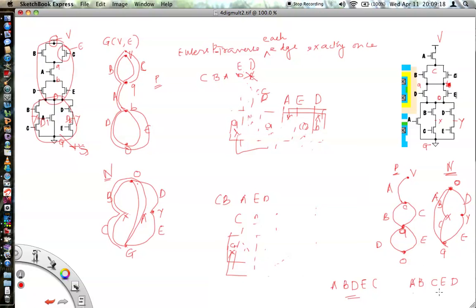So if we go through ABC, then let's take a diffusion jog for E and D. So we have A, B, C, and E and D will share diffusions, A, B, C will share diffusions. We can have a similar pattern for A, B, C, E, D for P and N with diffusion jogs.